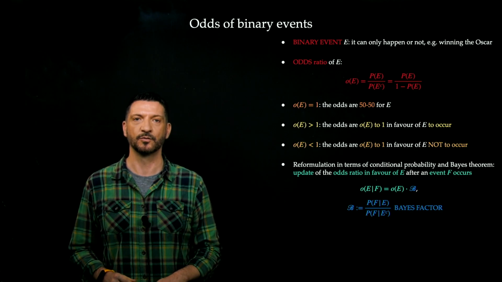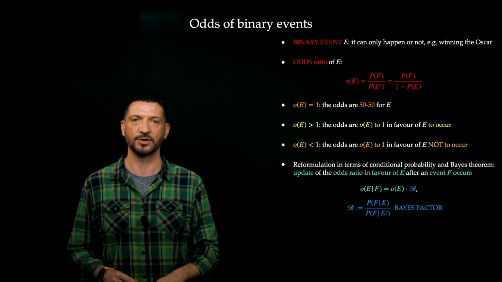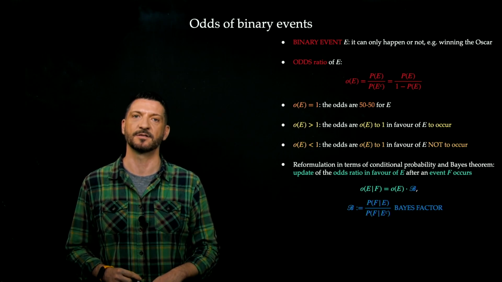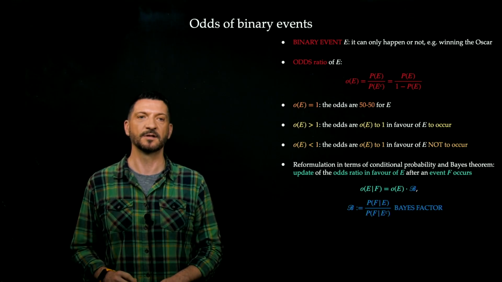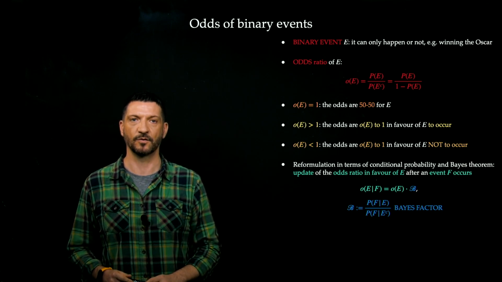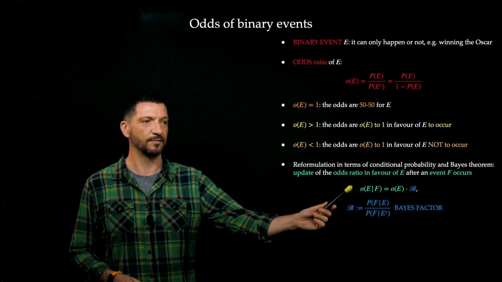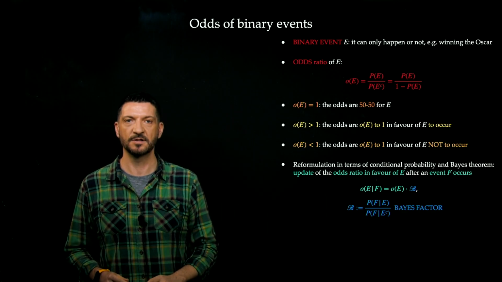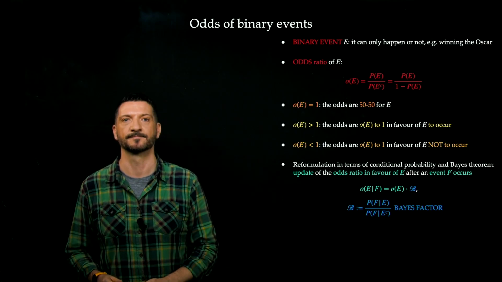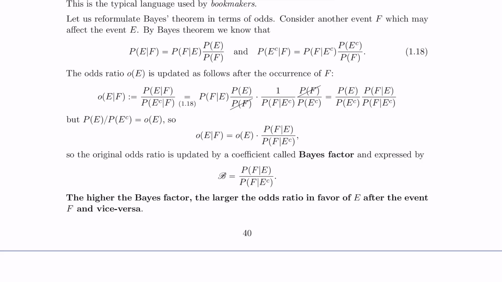Finally, we have seen that we can update the odds ratio thanks to the concept of conditional probability and Bayes' theorem. We have seen that the odds of E after the event F occurs is the product of the original odds of E times the so-called Bayes factor that you can see written here. In the next page, we're going to discuss a very interesting example in which we use the odds ratio and the Bayes factor.